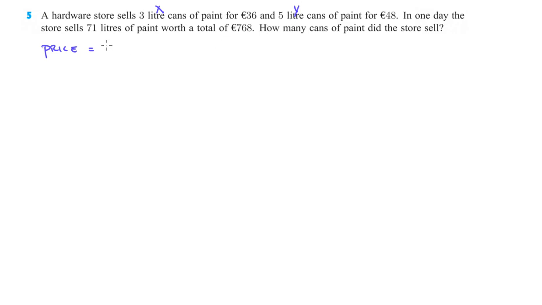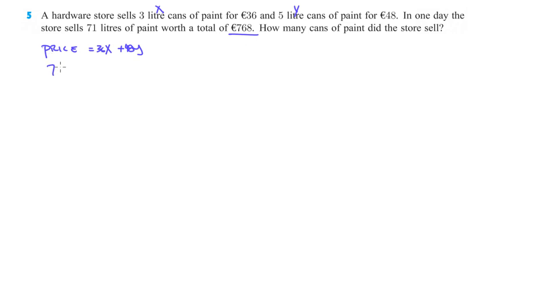How about that? Price will be X plus Y. And then the X sells for 36, so we'll do 36X plus 48Y will give us our total price. And we know that the total price was 768. Okay, so let's rewrite that.